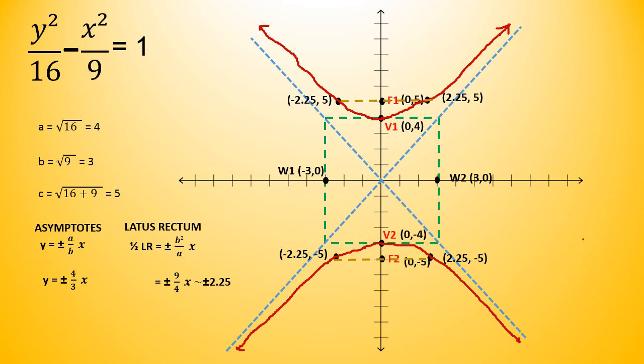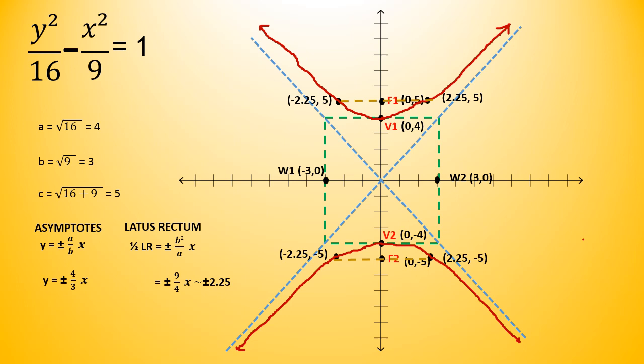Next, you need also again to know the width of the hyperbola. It's still the same formula. You have 1/2 of LR, the latus rectum. It is equal to positive and negative b squared over a of x. So that is equal to positive and negative 9 over 4 of x, or approximately positive and negative 2.25.